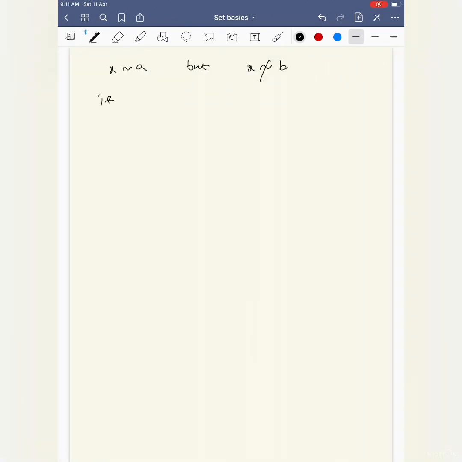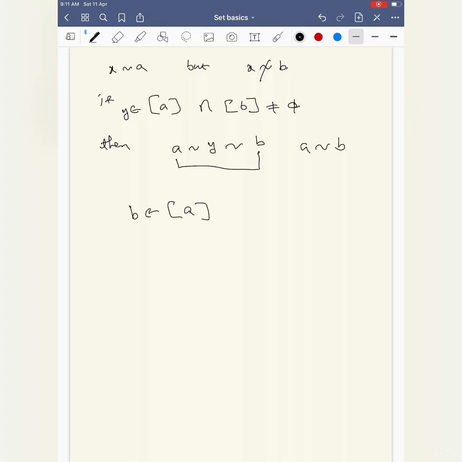If class a intersection class b is not equal to empty, let y belong to the intersection. Then y is a relative of a and y is a relative of b. By transitivity, a is a relative of b, so class b will be inside class a because I'm collecting relatives.